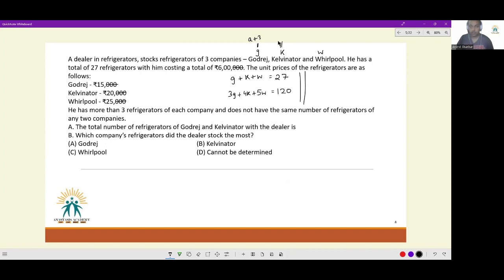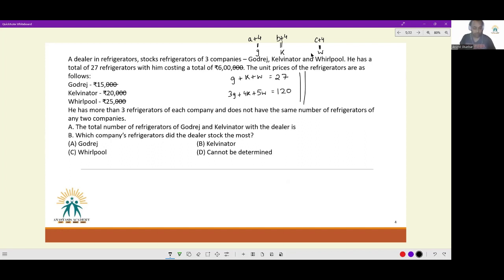But there are more than 3 refrigerators, so I'm not writing it as A plus 3, I'm writing it as A plus 4, B plus 4, and C plus 4. This way, when I'm solving my equations, A plus B plus C will become the primary equations.